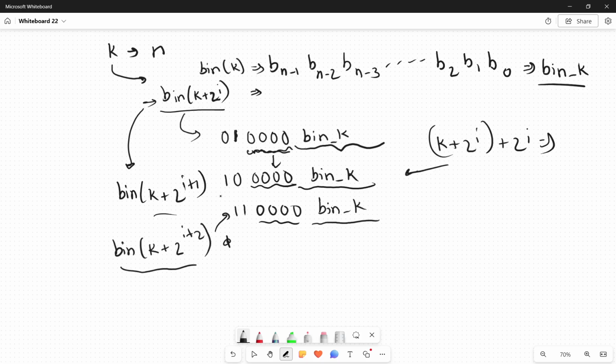So to calculate the XOR of all of these numbers, suppose this segment of zeros will not contribute any set bit in our result.